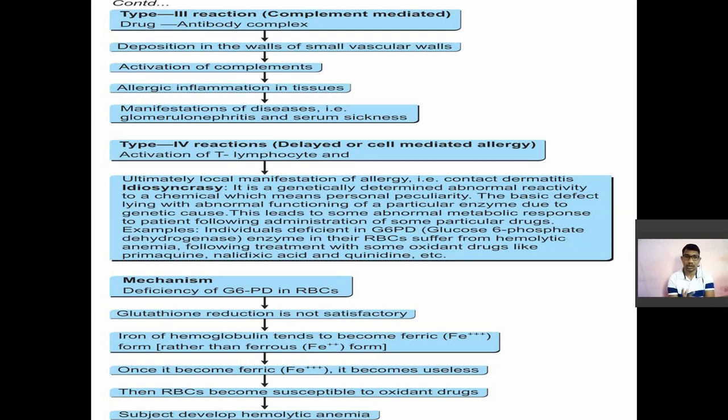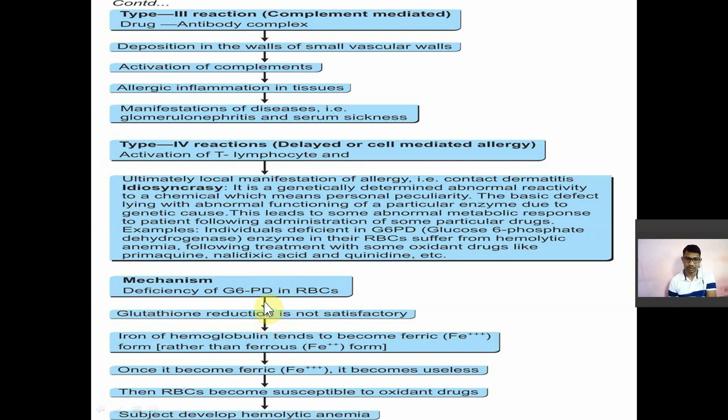So such kinds of reactions are known as idiosyncratic reactions, or type 4, or delayed or cell mediated allergic reaction. What is the deficiency mechanism, how does the hemolysis happen?